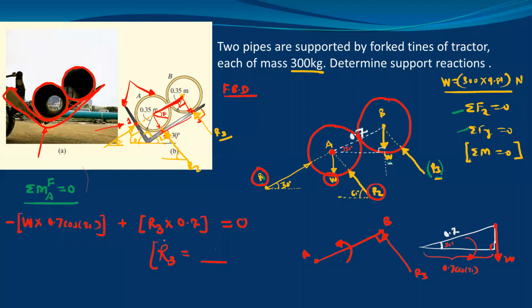So reaction R3 is equal to 2548.71 Newton. So this is the first support reaction R3.